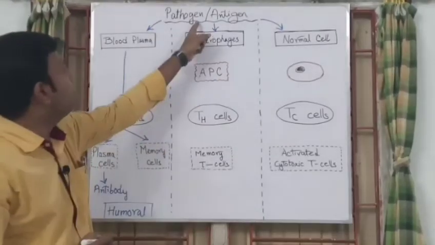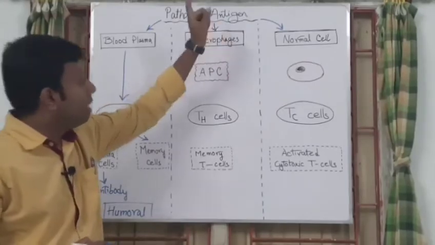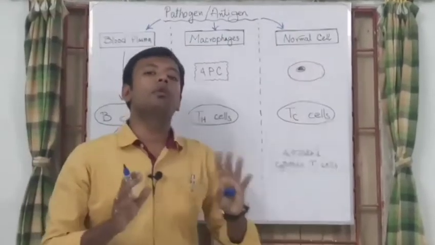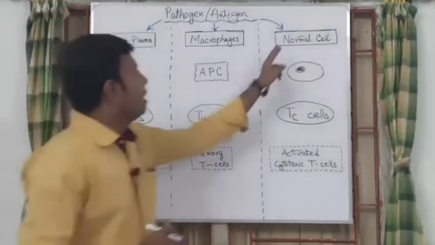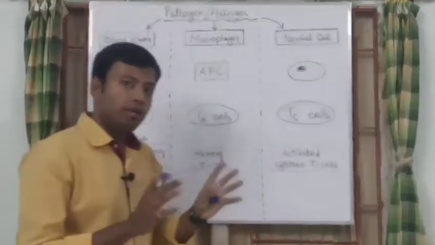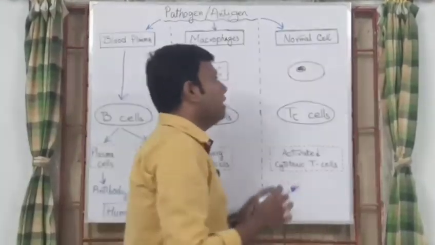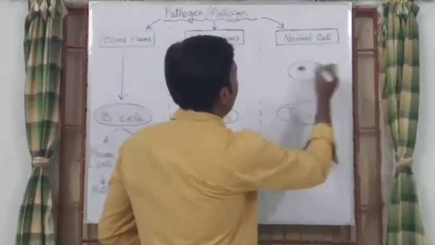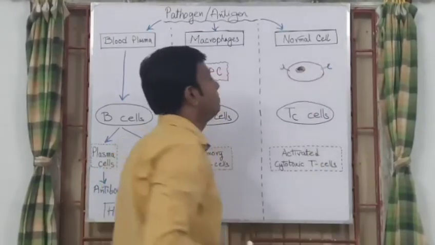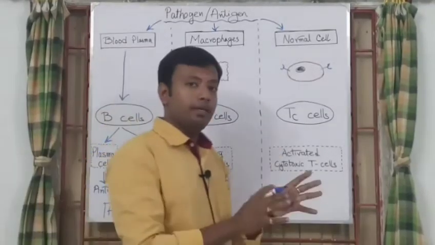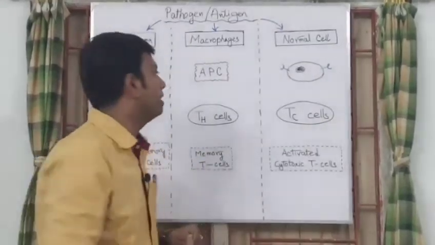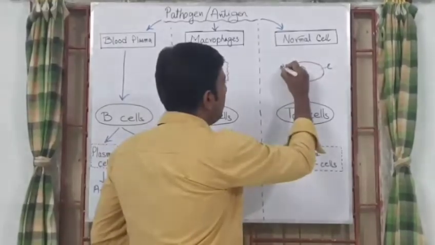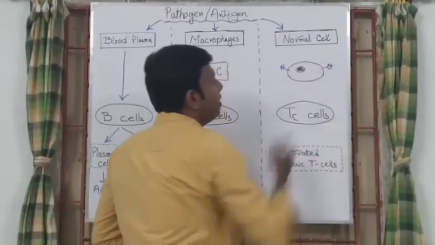Now let's move to the third column. What will happen if any pathogen or antigen enters any of our normal body cells? Any nucleated body cell will try to express the invading foreign antigens that have entered inside it outside their membrane with the help of a special group of receptor.